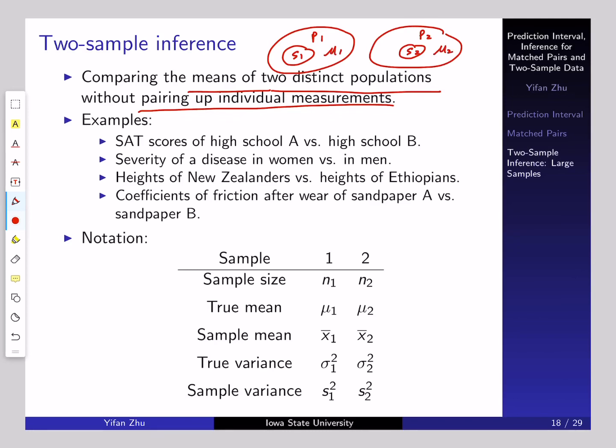The population means for these two populations are mu1 and mu2, and we use the samples from each population to estimate these two population means, and we make inference about the difference between these two population means.